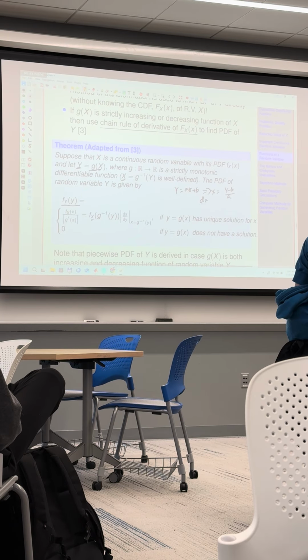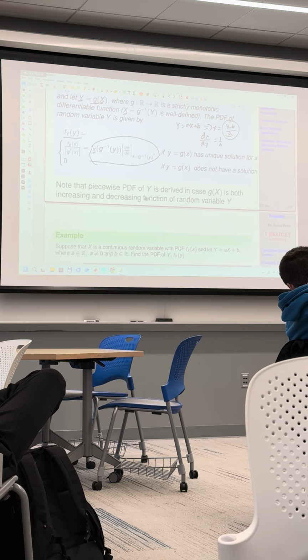So dx over dy is basically 1 over a. That's what it means. You evaluate dx over dy at x equals this quantity. So you directly use this formula to find the PDF. And I will have some homework problems related to this as well.